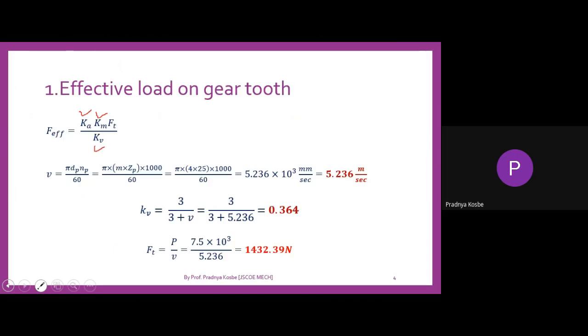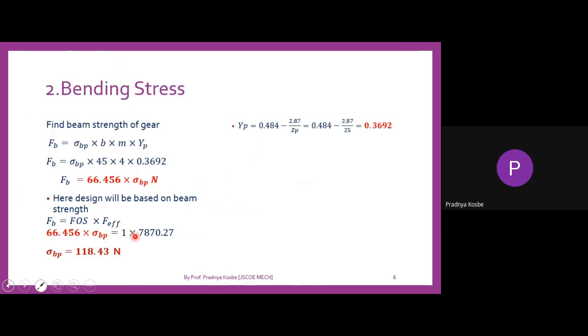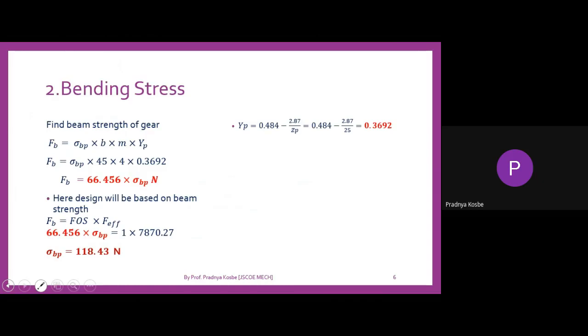So as factor of safety is equal to 1, put the value, and F effective you have already calculated, and its value is 7870.27 Newton. Correct? Now FB is in terms of bending stress, and here FB is also in terms of factor of safety into F effective.